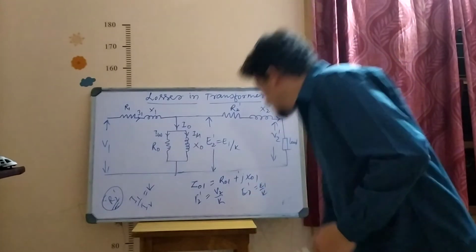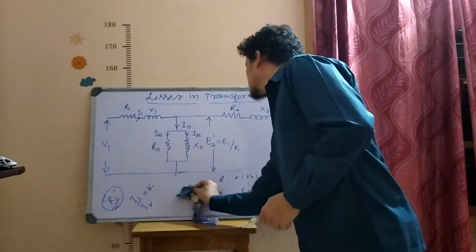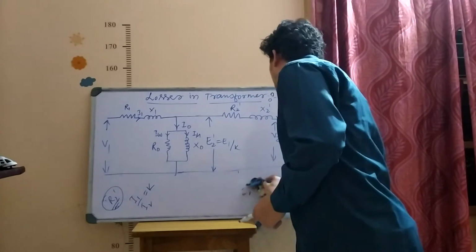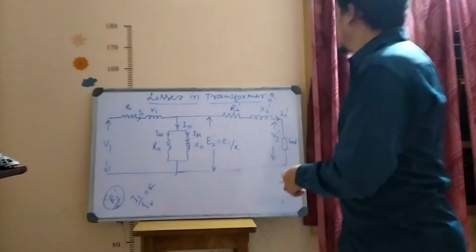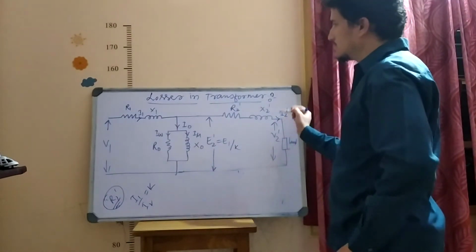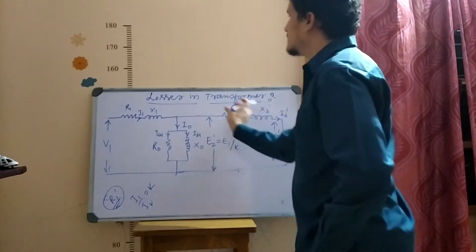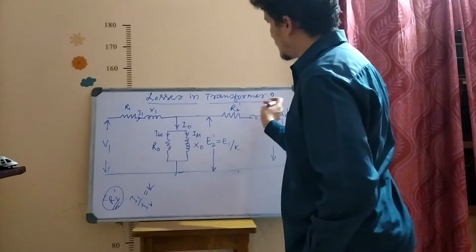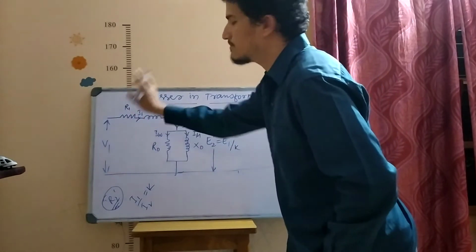Okay. So if you refer the same circuit to the secondary, you are supplying this voltage V2 here, and the same amount of copper loss should take place here if the I2 current is flowing in the primary.